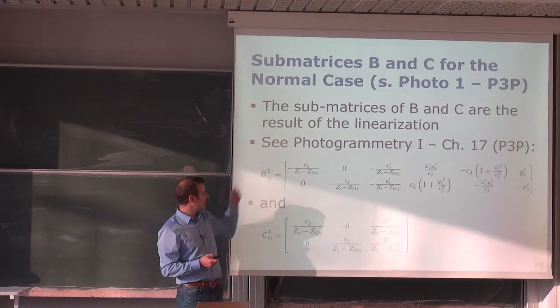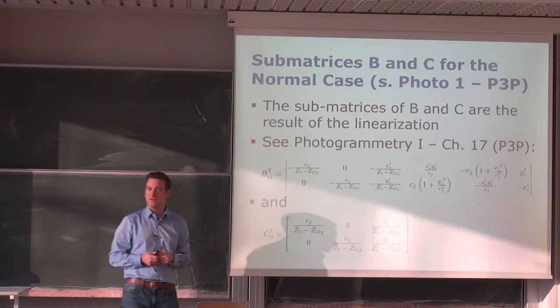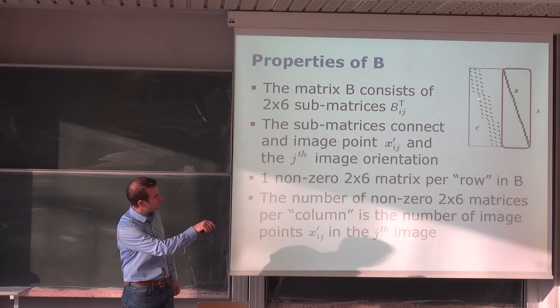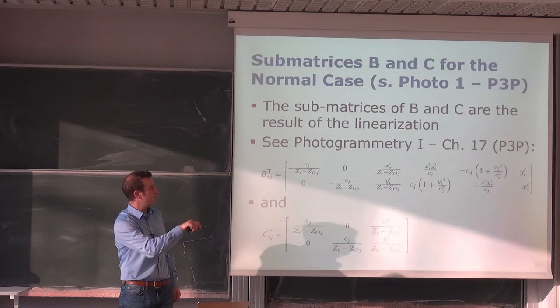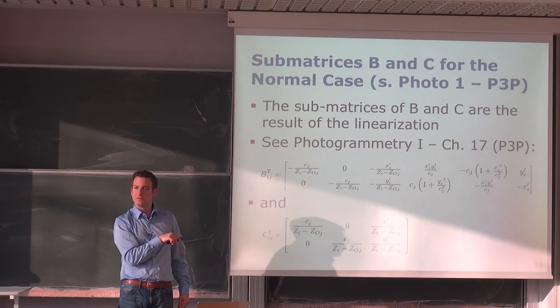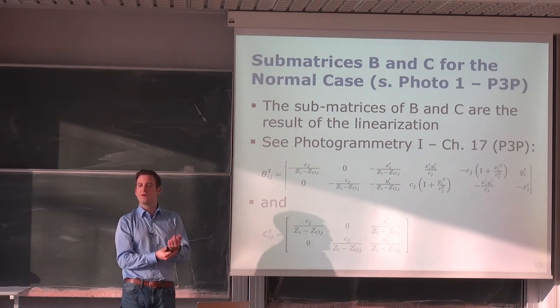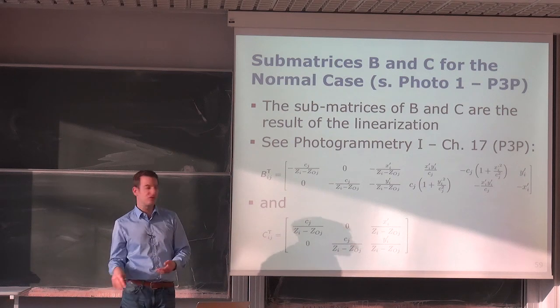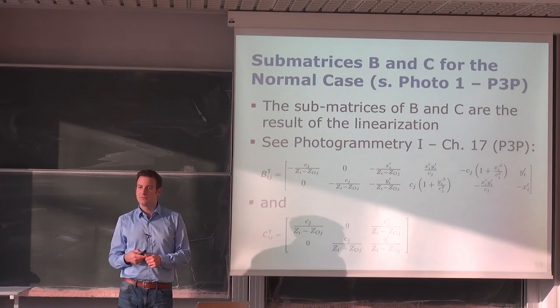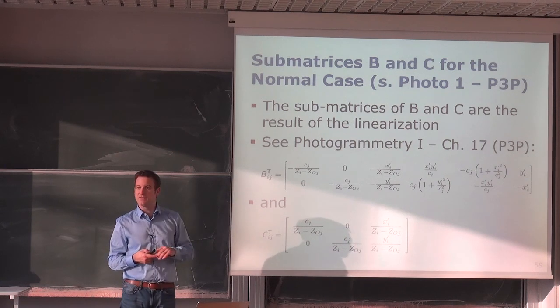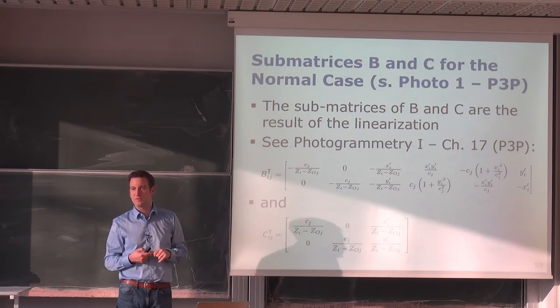We have this for B and for C. So all the non-zero blocks are exactly those matrices over here, computed of course for 4 different points, 4 different observations in different images. These are the parameters which sit in this model, assuming that everything is calibrated. So these are the equations for the calibrated camera.